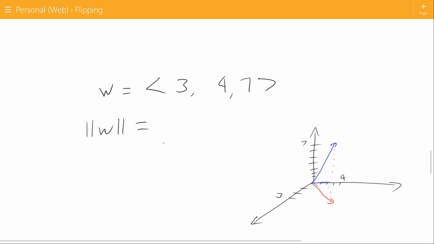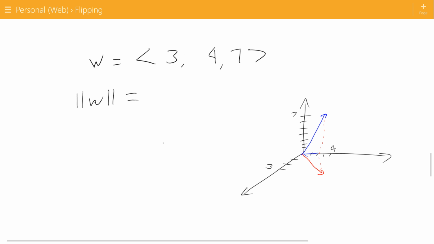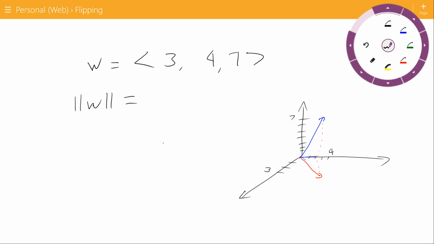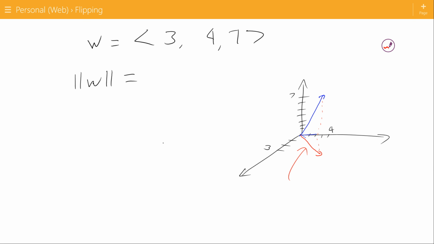It's a little bit more complicated, but not much once you get used to it. So I've got a vector here, W, that has the components 3, 4, and 7 for its I, J, and K respectively. What is the magnitude? Well, let's look at just the x and y component, which is down here. And the magnitude of this, we've said in the past, all I'm working with right now is 3 and 4.